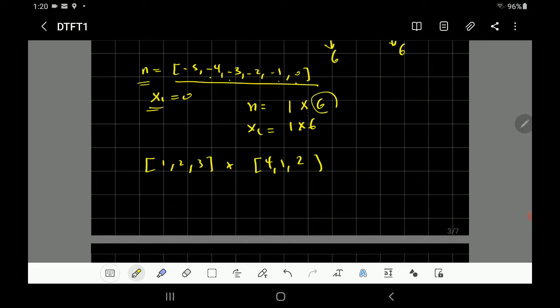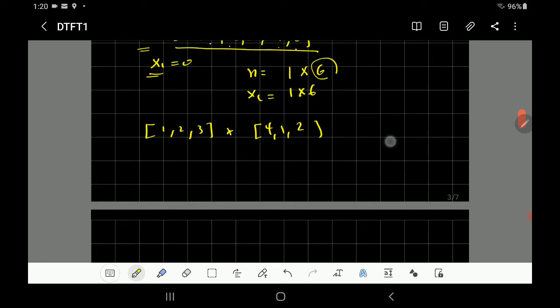When you multiply it, you cannot multiply mathematically because the number of columns should equal the number of rows in the second one. So this doesn't work in math. In math, you have 1, 2, 3, then this one should be like 4, 1, 2 as a column. Then you multiply: 1 times 4 is equal 4, 2 times 1 is equal 2, 3 times 2 is equal 6. And then you add it, and you get the value of 12.